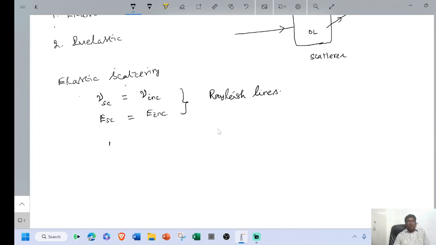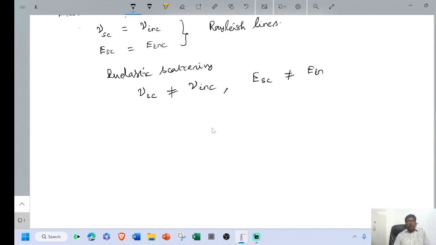If you go for the inelastic scattering, here the frequency of the scattered radiation is not equal to the frequency of the incident radiation. That means energy of the scattered radiation is not equal to energy of the incident radiation.